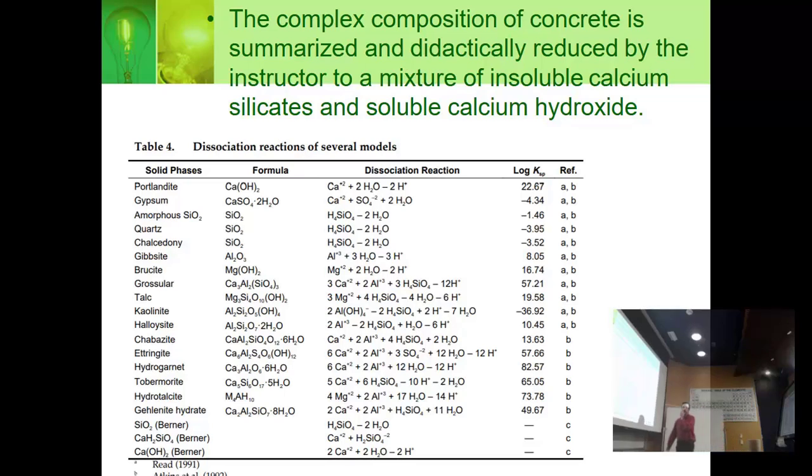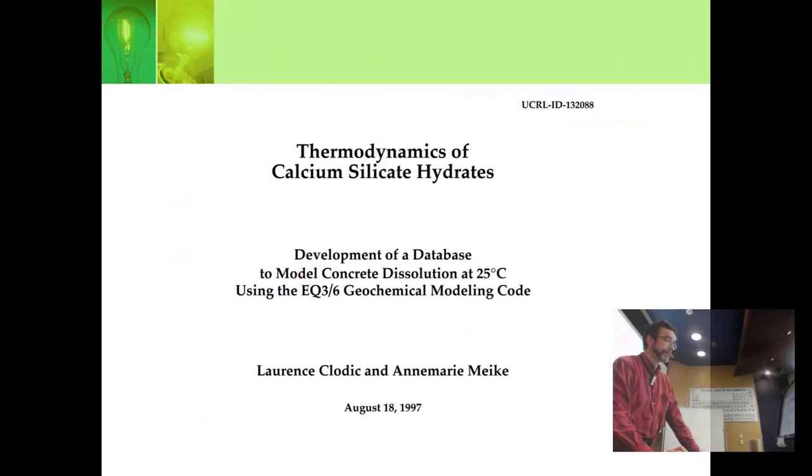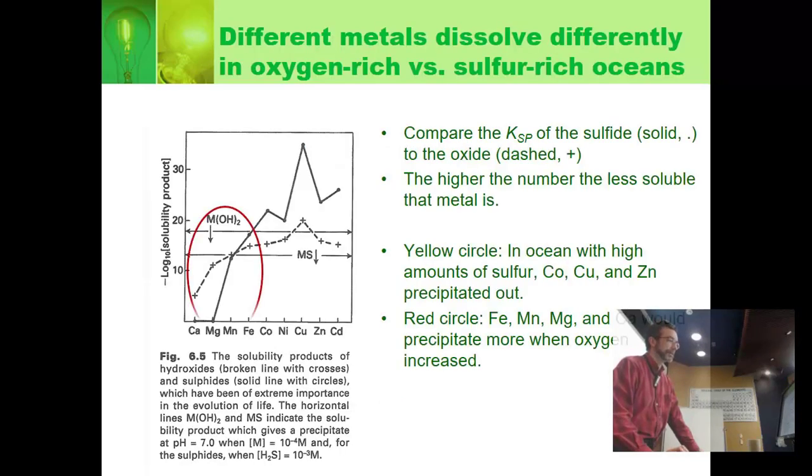And if you look on that, you can compare the KSPs and you can make predictions like that. Those dripstones form from the calcium hydroxide dissolving when the calcium silicates do not. And this is where you can get that data from, fun weekend reading, but I'm not going to ask you to do that.